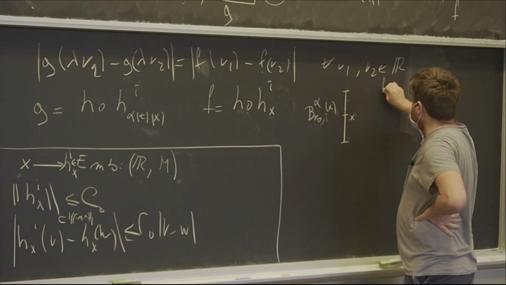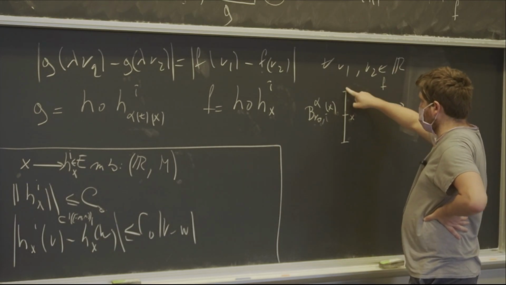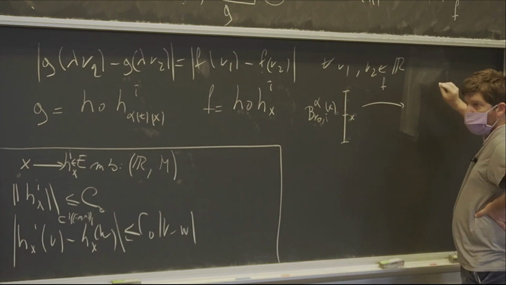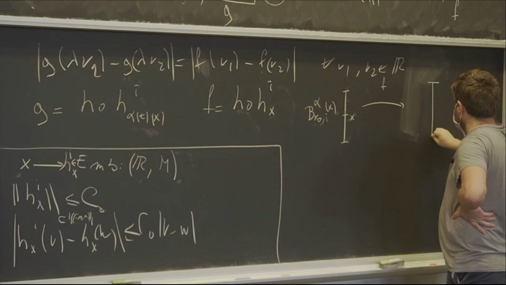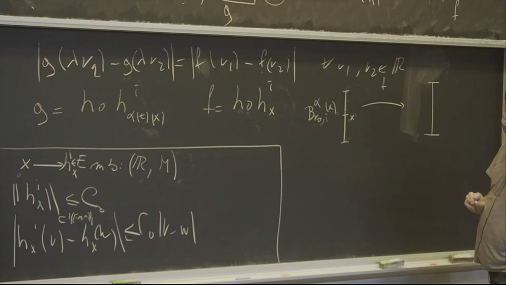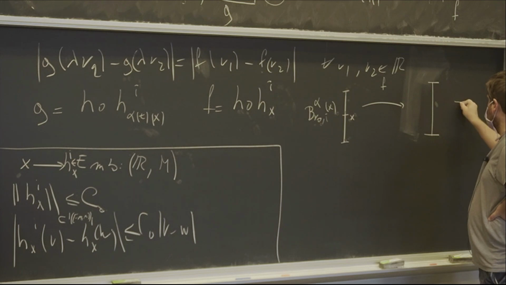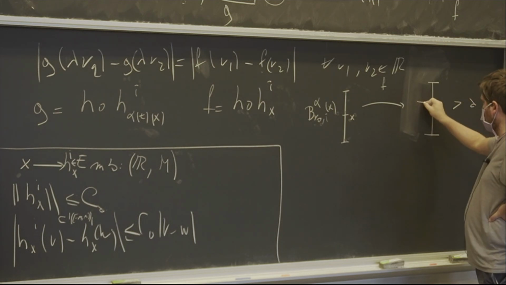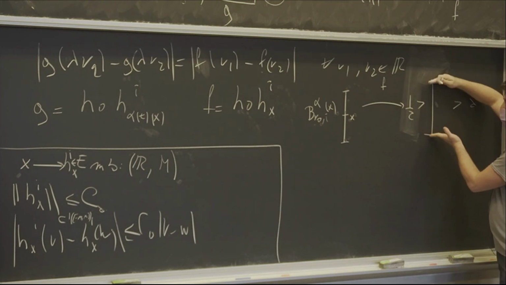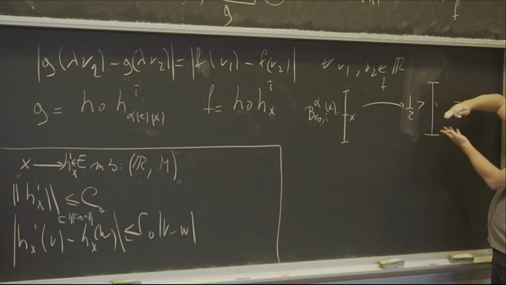Now this map F is mapping this interval into something. Now this something I know has length between A and 1 over A. So this cannot be too large, nor too small.